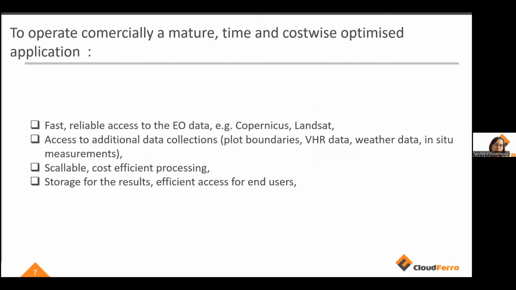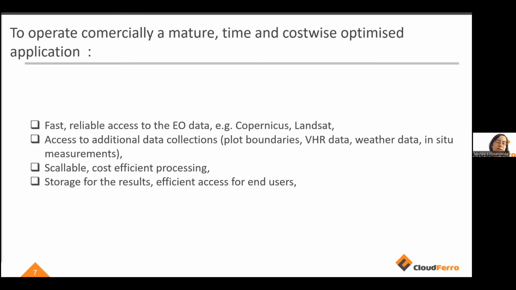So to summarize, to develop and operate a mature and full-scale application, you need, first of all, usually a very good access to Earth observation data. In our case, it's usually Copernicus, Landsat, so the data that are free, but you need long time series, or you may need wide areas, and you usually need those data constantly or twice per year.